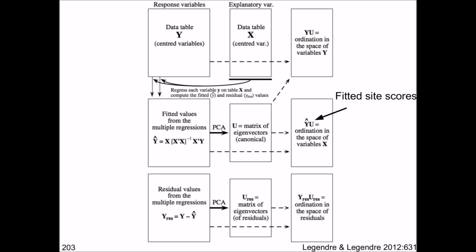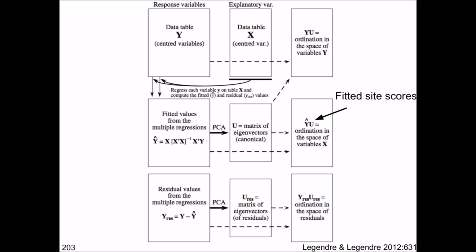Looking at this in a more formalized way, this figure may seem a bit complicated at first. So we go through this figure from top to bottom. In the top left, you have the data table. That's the centered variables. That's our response variables, for example, species.